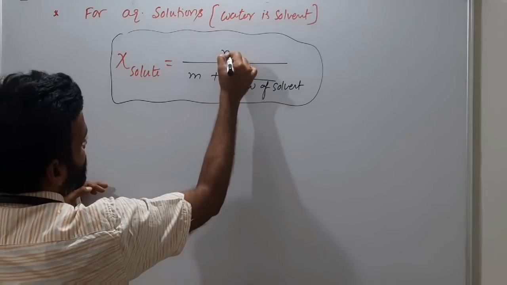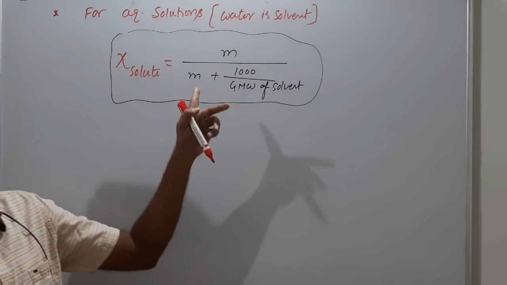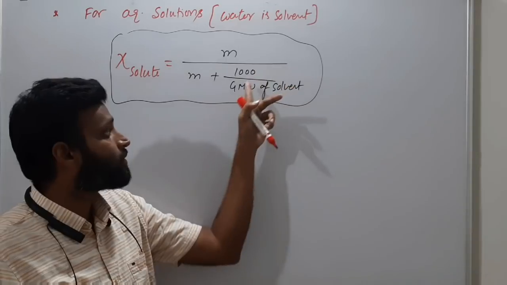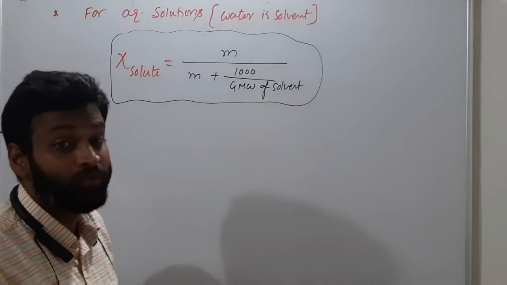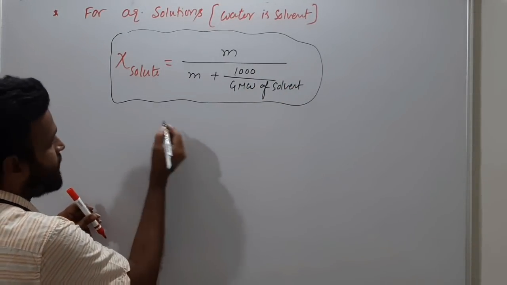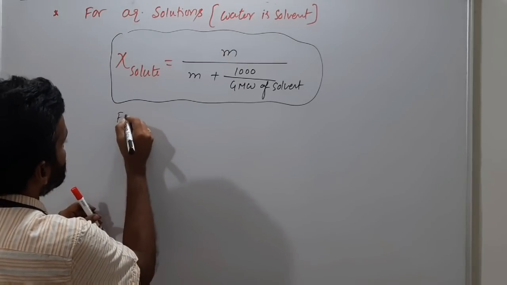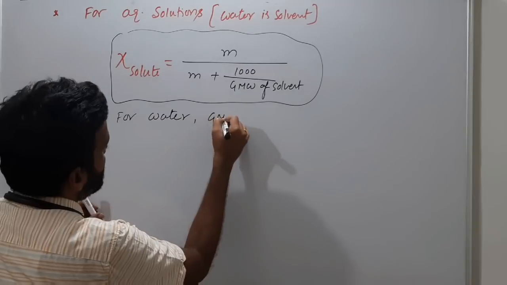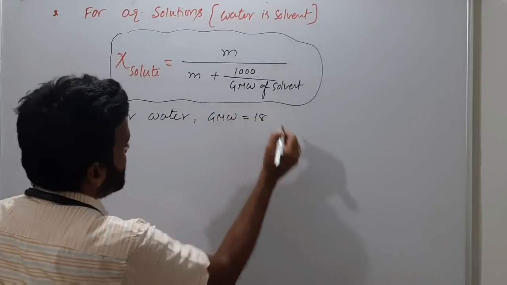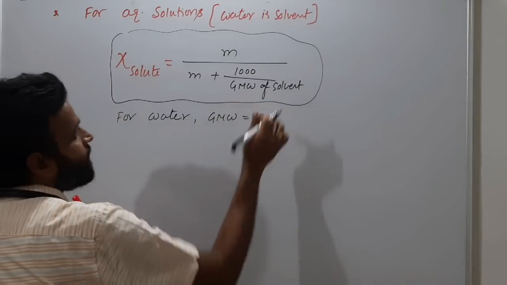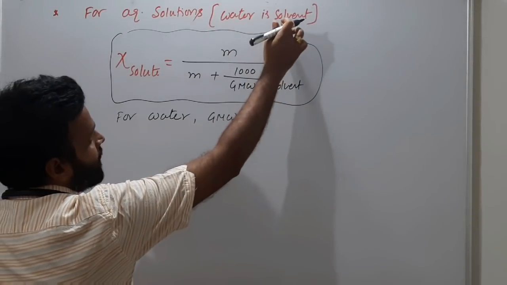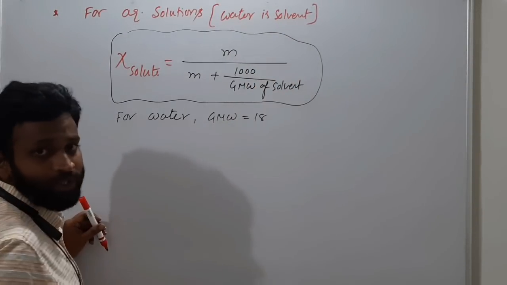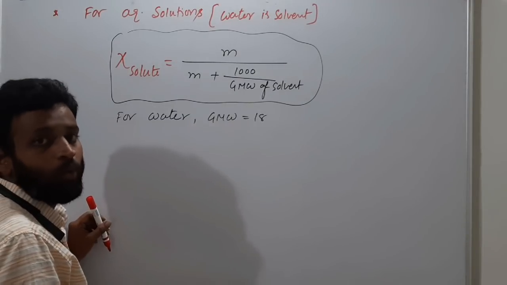Mole fraction of solute is equal to molality by molality plus 1000 by gram molecular weight of solvent you have, right? So for water, what is the gram molecular weight? Gram molecular weight is 18. Gram molecular weight is of the solvent. Who is solvent here? For aqueous solutions, water.